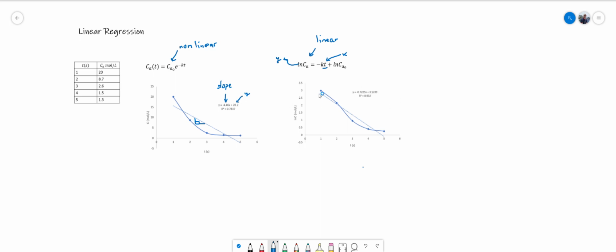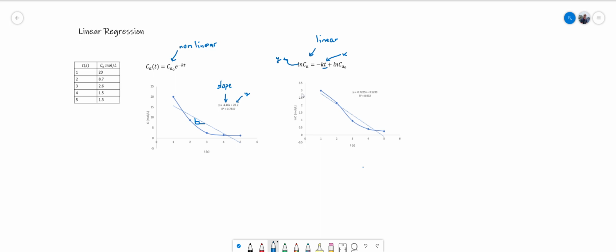Our y-intercept is somewhere around 3.52, and now a negative 0.72 means that for every 0.72 seconds, we can expect the natural log of the concentration to go down by one unit.